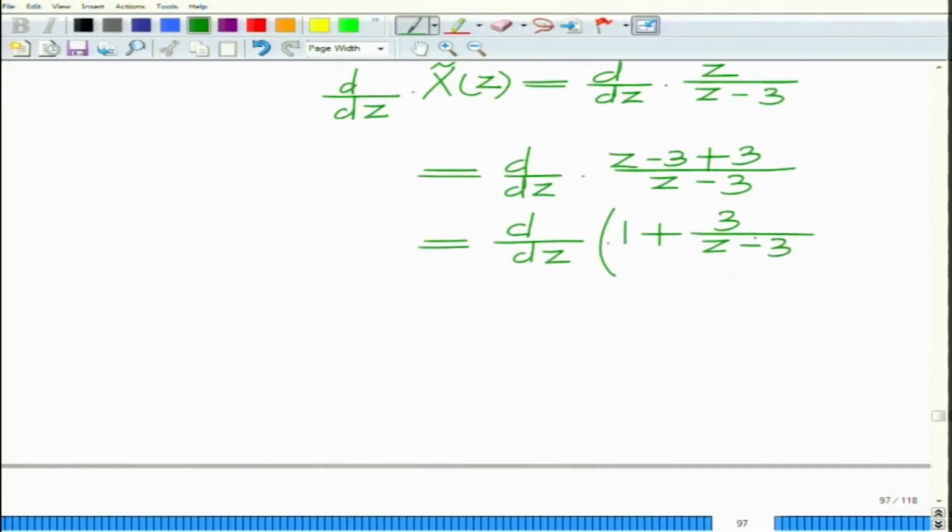If you take the derivative of this, the derivative of 1 is 0, what is remaining is minus 3 over (z minus 3) whole square.